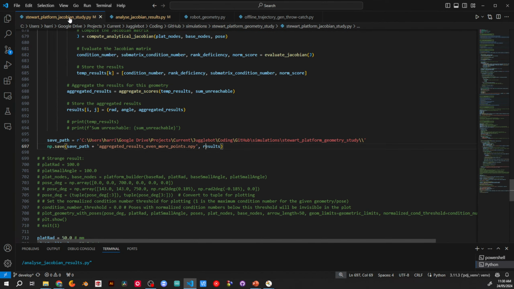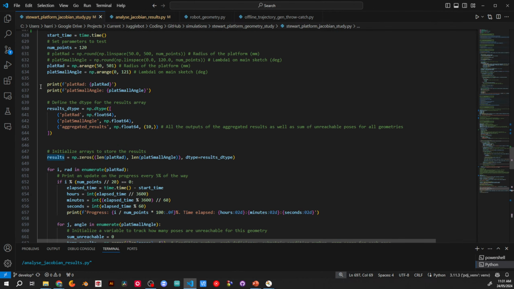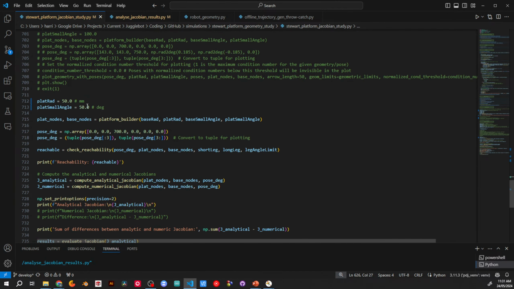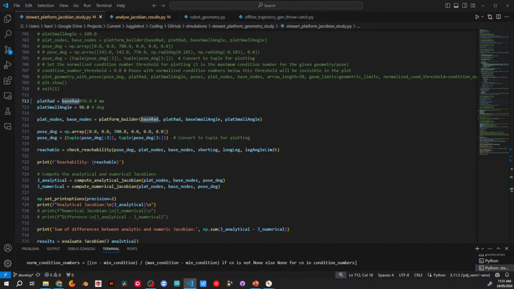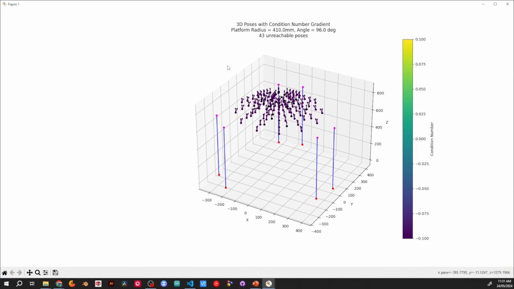Well, let's find out. We can go back to our script before and see what is going on at 96 degrees. It doesn't really matter what the platform radius is, but for the sake of demonstration, let's give it its worst case scenario. This is what we have once it loads.